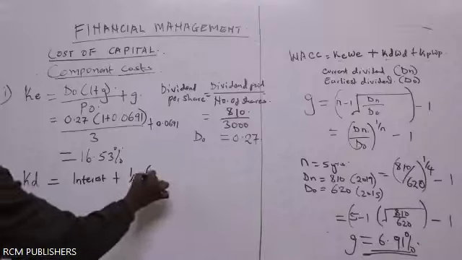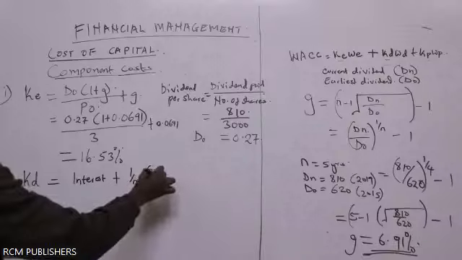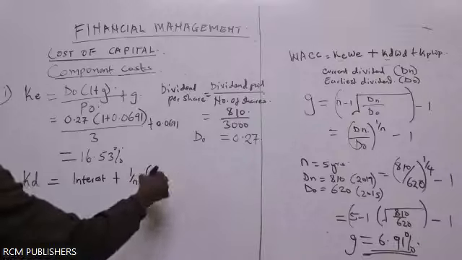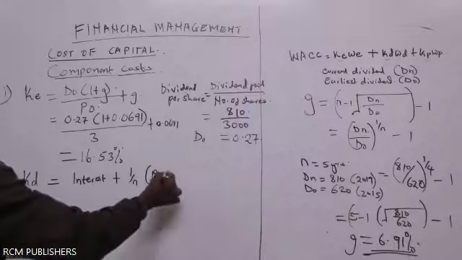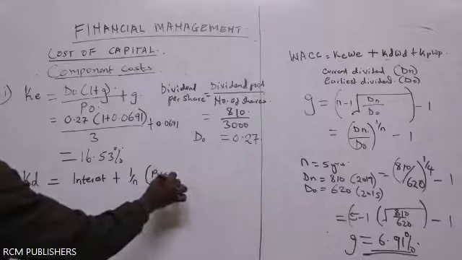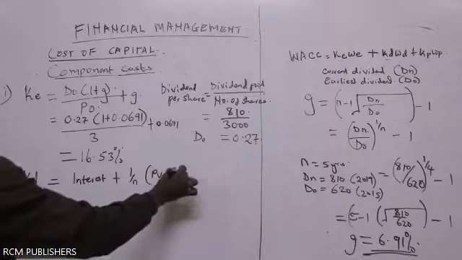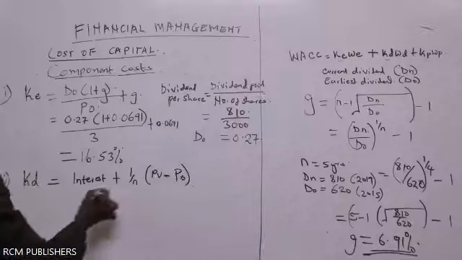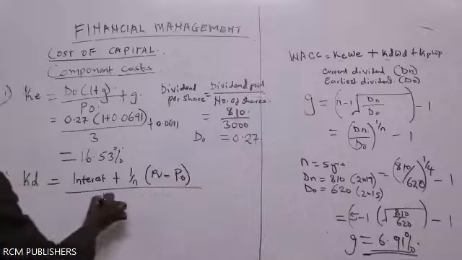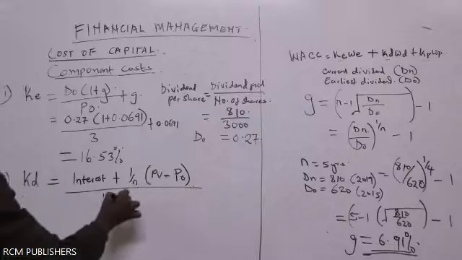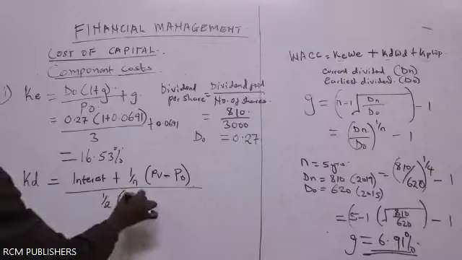Then this one you can multiply by either the market value or the par value. Then this you divide by a half of these two. This is value.